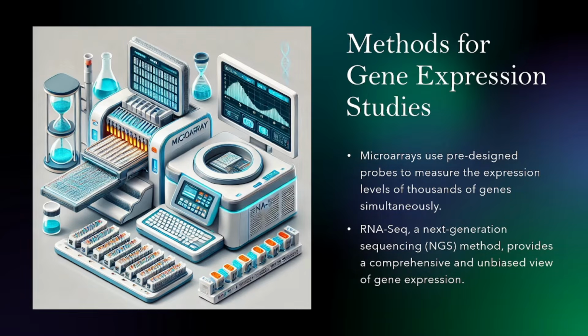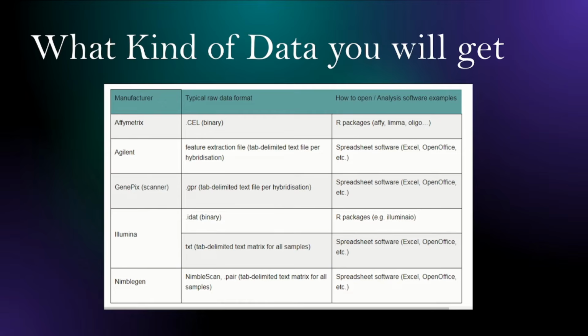RNA-seq is a next generation sequencing method that provides a complete, unbiased picture of gene expression by direct sequencing of RNA molecules. Ultimately, both generated data sets are significantly helpful for the detection of differentially expressed genes.